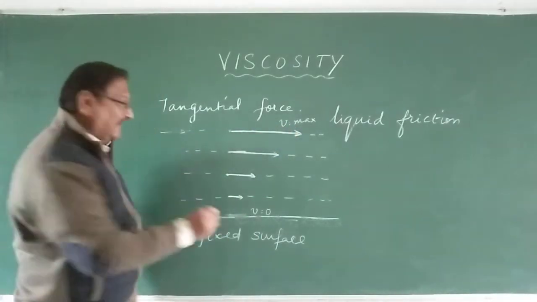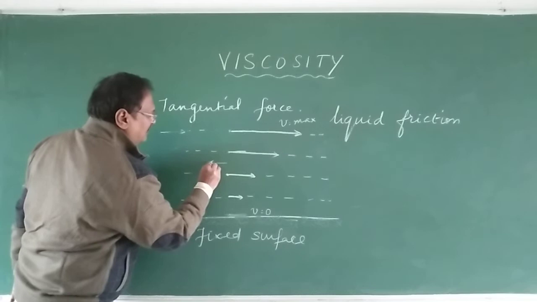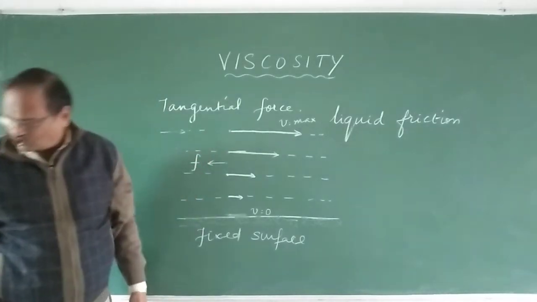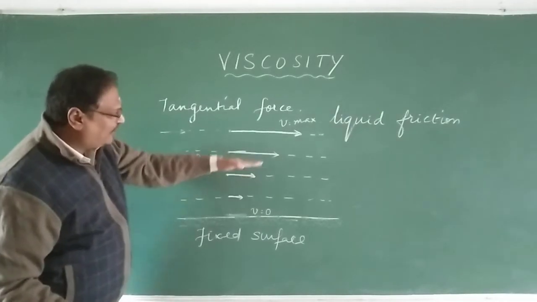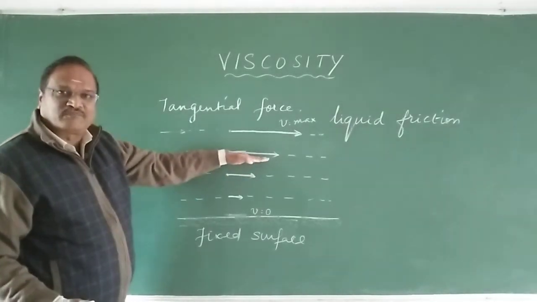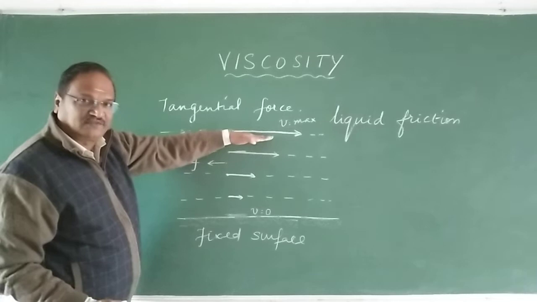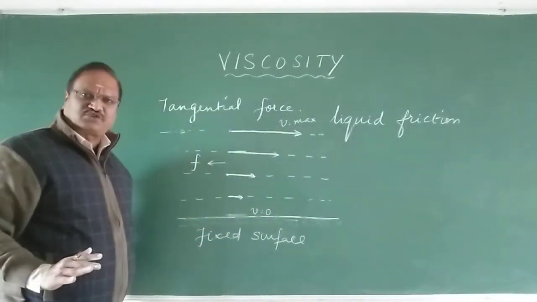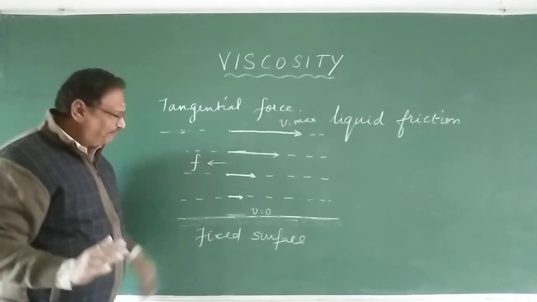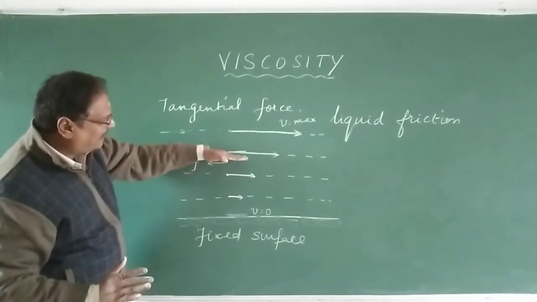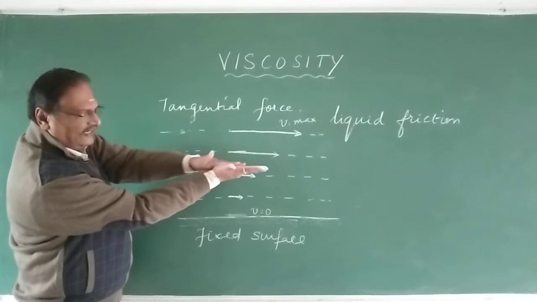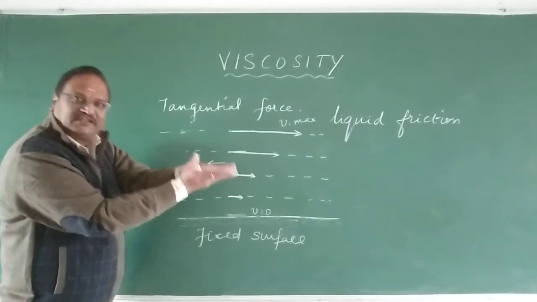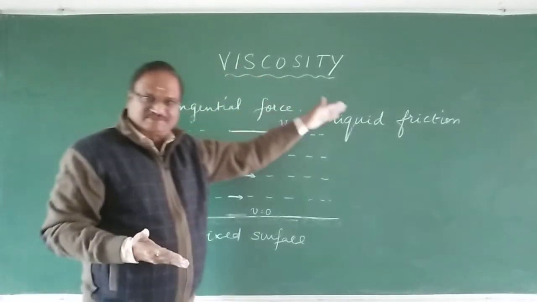The frictional force, or the viscous force, is acting in the opposite direction. So this layer reduces the speed of this, and this layer reduces the speed of this. The bottommost layer is totally at rest, with no velocity. But as the layer goes up and up, between the layers there is a friction, and that friction is called viscosity.